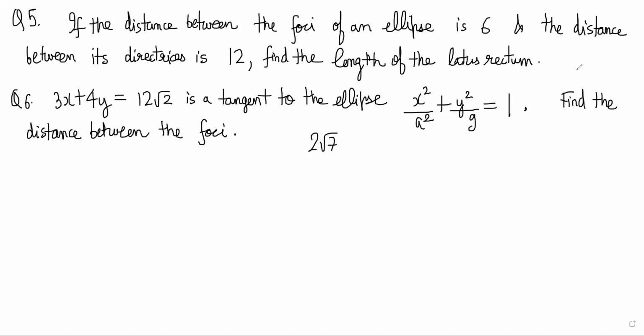This is 2√7. This is 3√2. Right? These were easy, right? Okay. This one is Advanced 2021.